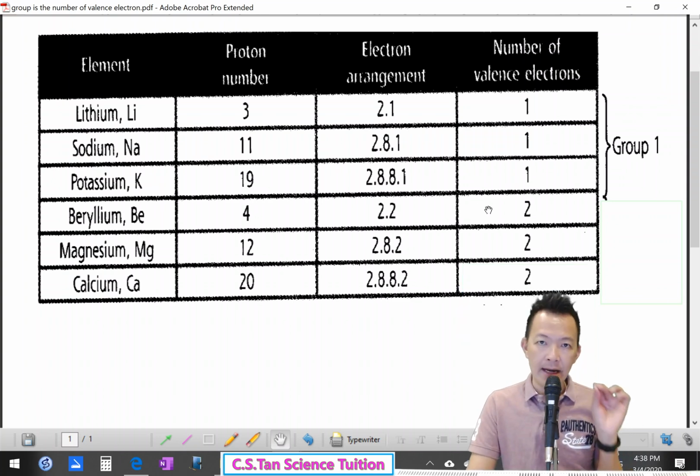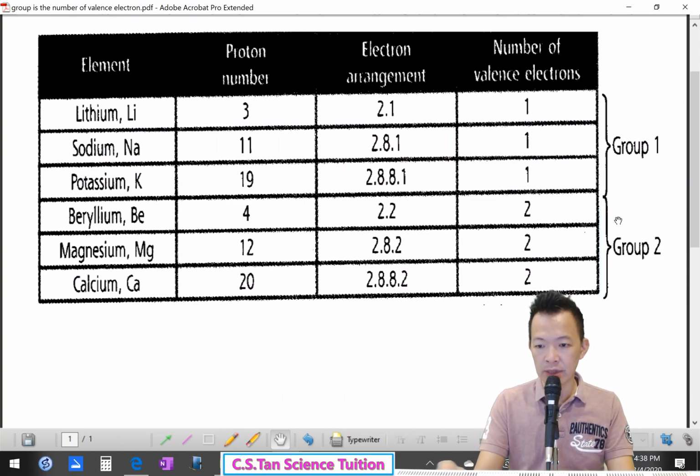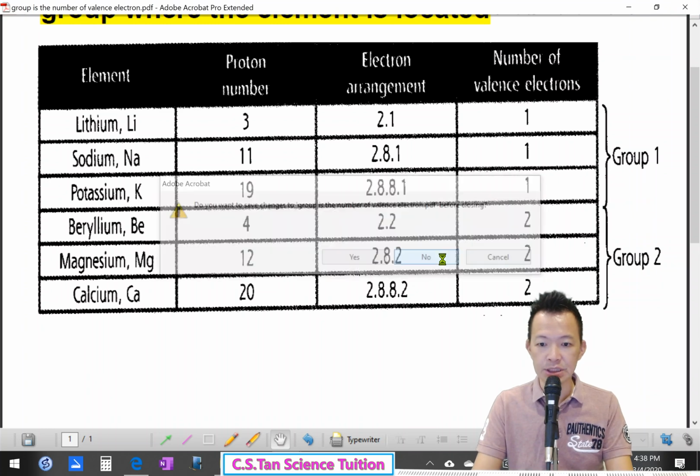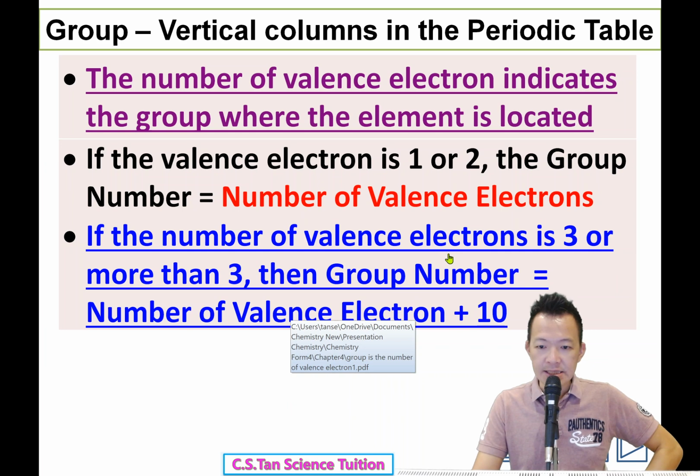So if the element has 1 or 2 valence electrons, then the group number is equal to the number of valence electrons. So these elements are in group 2.